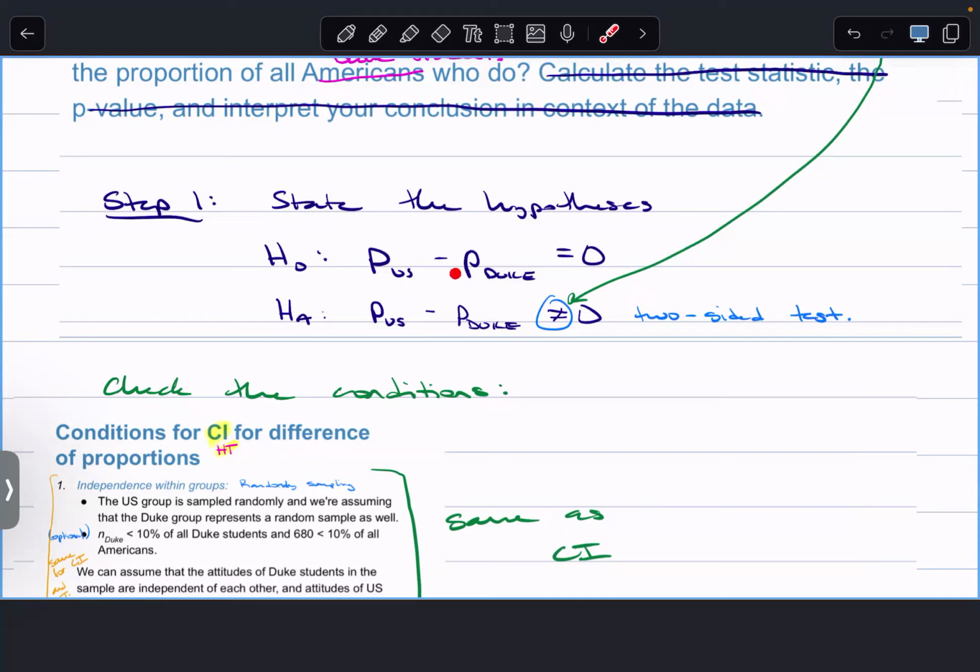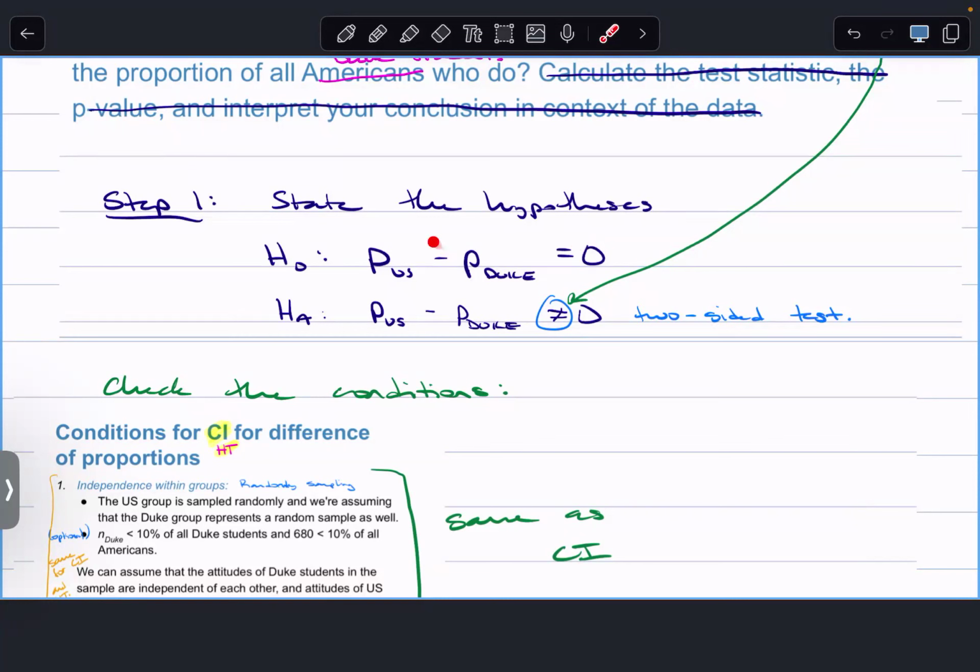So you put little question-specific subscripts on there. And so this will always be your null hypothesis. You can rearrange it if you want and just say that P US is equal to P Duke, right? If you add P Duke over to the other side, or P2 in general, P1 is equal to P2.